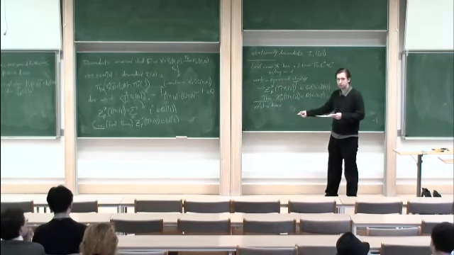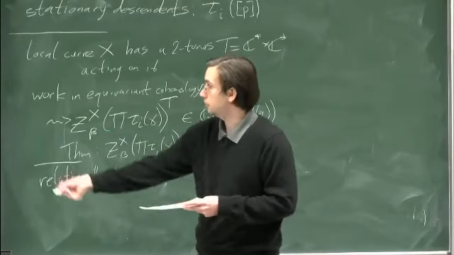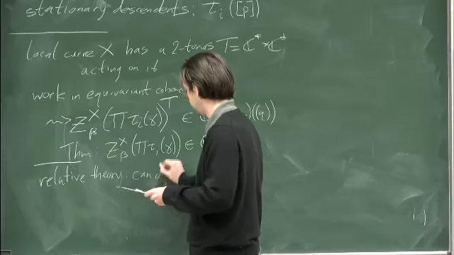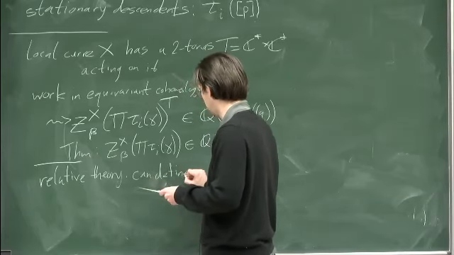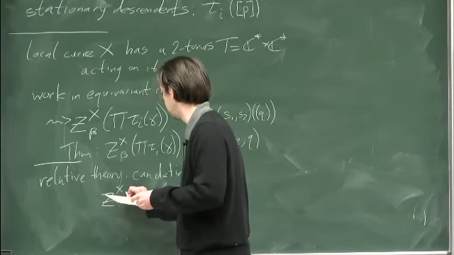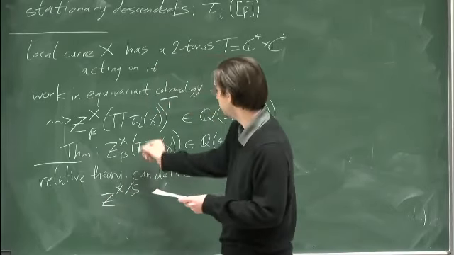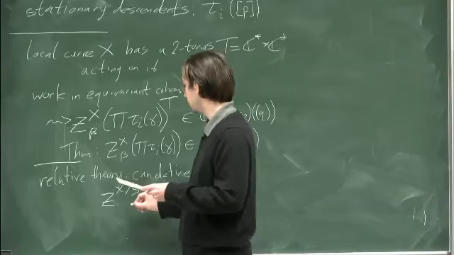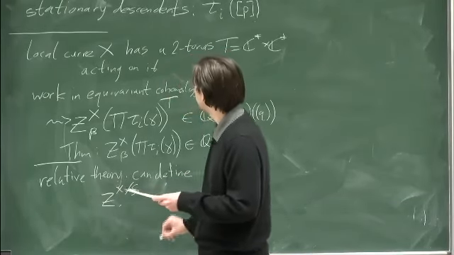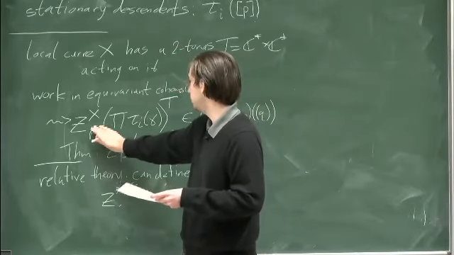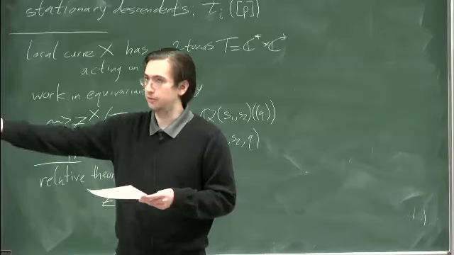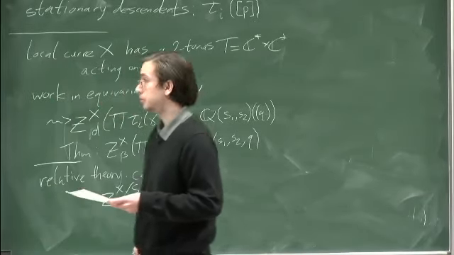I'm not going to say anything about how this is defined, but stable pairs theory works in the relative setting, and you can define the partition function of X relative to some divisor S. I should say up here, because I'm doing the local curve, I switch the notation: instead of beta, I just have d. Really, beta is d times the class of the zero section of that bundle.